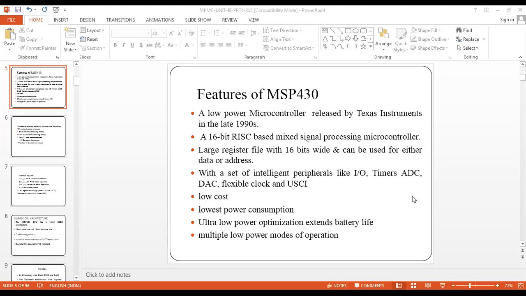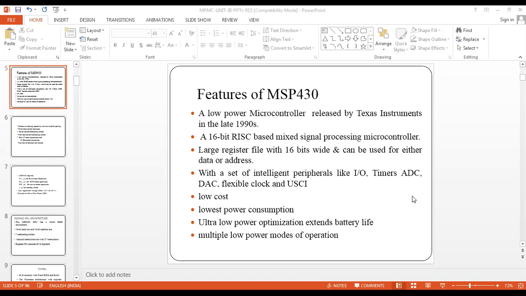You know very well about MSP430 that MSP is nothing but mixed signal processing, which means it deals not only with digital but also analog signals, because most signals are by default analog in nature. For example, most sensors take analog values because natural values are analog.